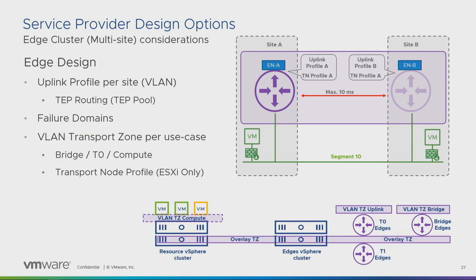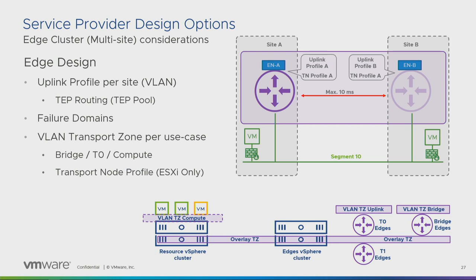Last one, VLAN transport zones. It relates a bit to the previous one. A solution that you could use is to create a VLAN transport zone for every type of traffic: for bridging, for T0 uplinks, or even when you need it on a compute cluster.